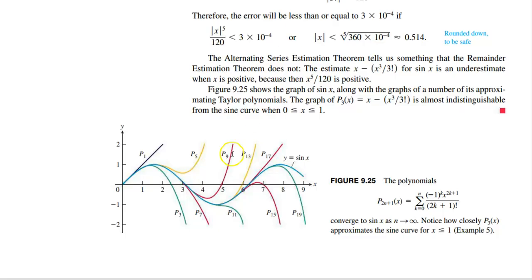The graph of P3 down here, which is x minus x cubed over 3 factorial, looks a lot like a sine curve when x is between 0 and 1. This green curve, when x is between 0 and 1, looks almost exactly like a sine curve. And this is what we mean, we're approximating the sine function there.